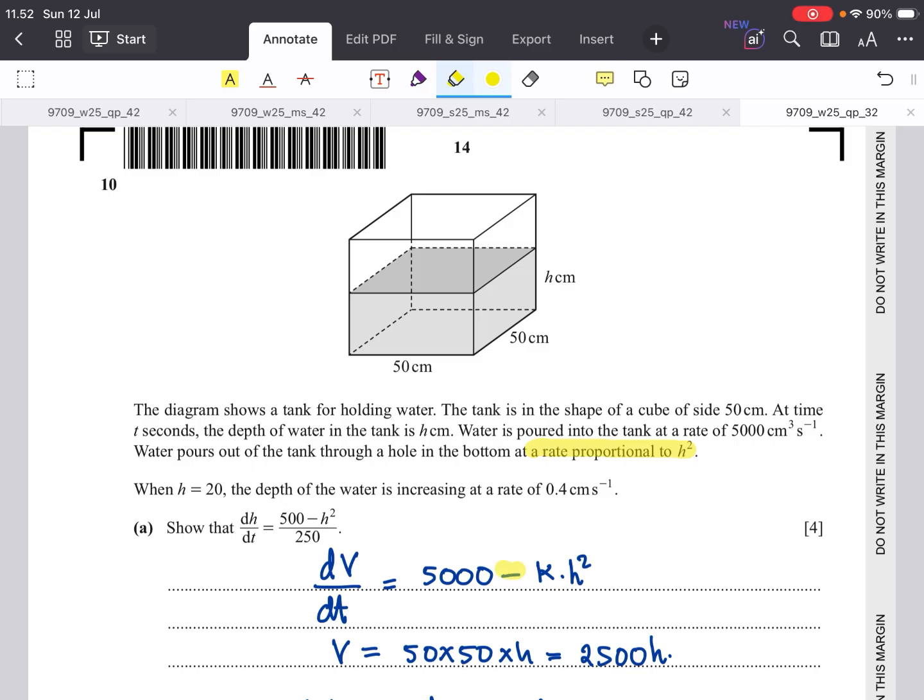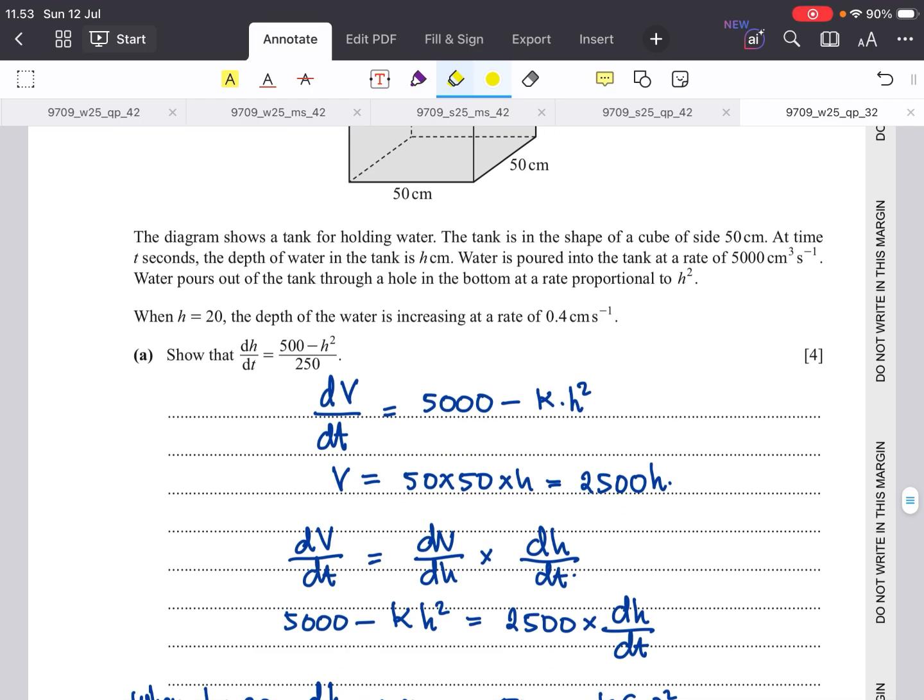So this one is minus, because the volume decreases as the water goes out from the tank, times k h square, because it is proportional to h square. So the rate at which the volume of the water increases in the tank is 5,000 minus k times h square.